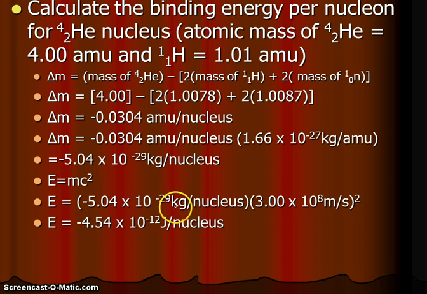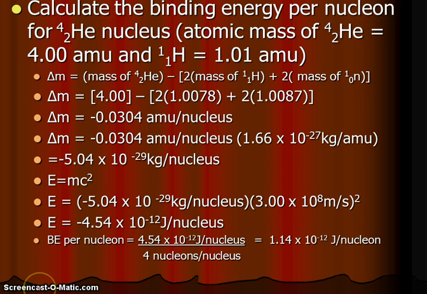And again, it's kilogram meter squared per second squared is where that joules would come from. It's a negative because this value is actually telling us the energy that's being released when the nucleus forms. So we would make it a positive value, and that would tell us how much energy has to be absorbed to break apart that nucleus.